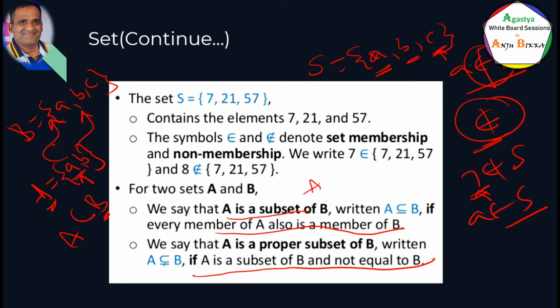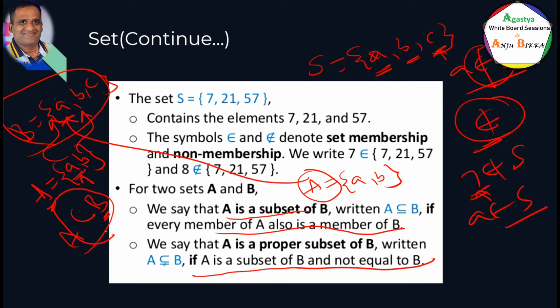When we say A is ab and when we say B is abc, A is a subset of B and also we can say a proper subset. If the A set is consisting of 3 elements like abc, in this case also A is a subset of B, but it's not a proper subset.